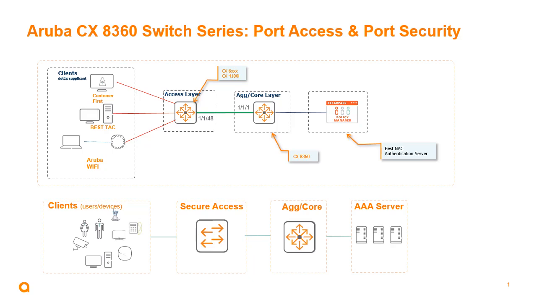If you look at the diagram above, one of the access switches, on port 1/1/48, can get connected either using 802.1X if it is capable, or, if it is an unmanaged switch that is not capable of running the 802.1X supplicant, it can be authenticated using MAC auth.